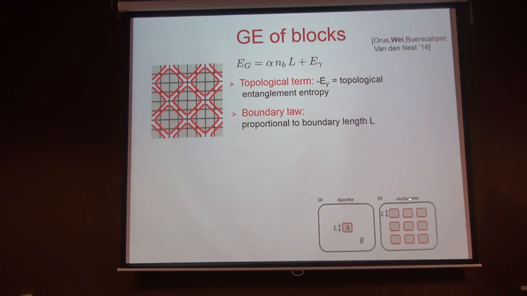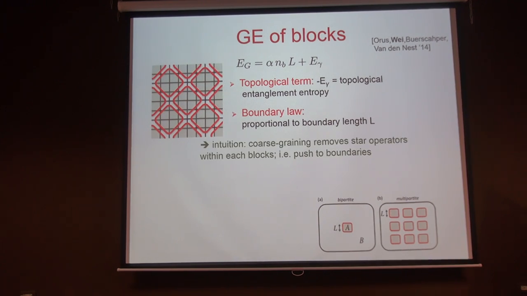But for the geometric entanglement, you need to consider many blocks, and there is a bulk law because entanglement would scale with the number of blocks, which is indicated here, but also scale with the system size. And there's a constant term that you may be able to extract from fitting the scaling, either fitting to the boundary size or fitting to the number of blocks.